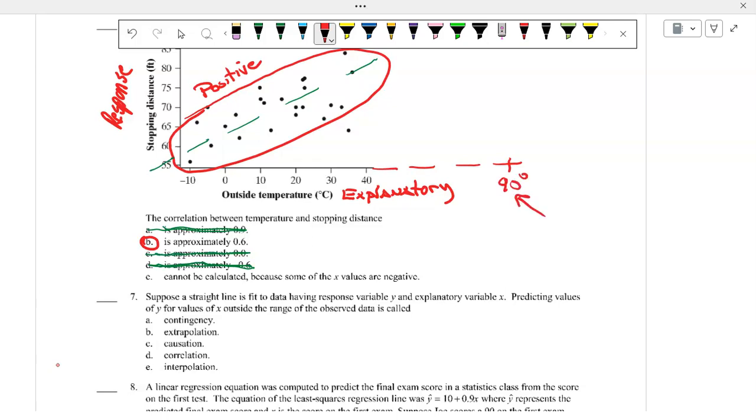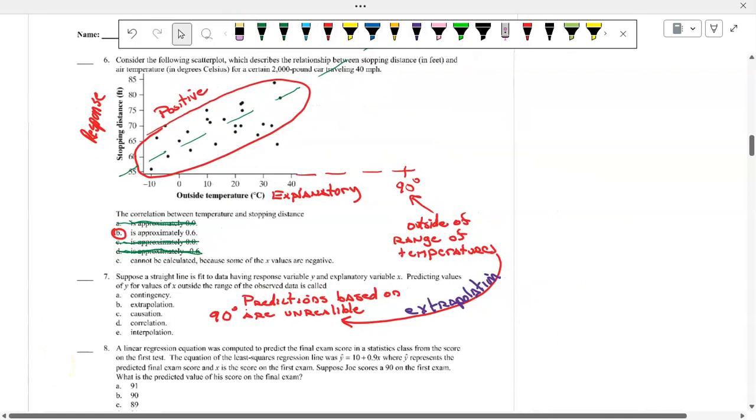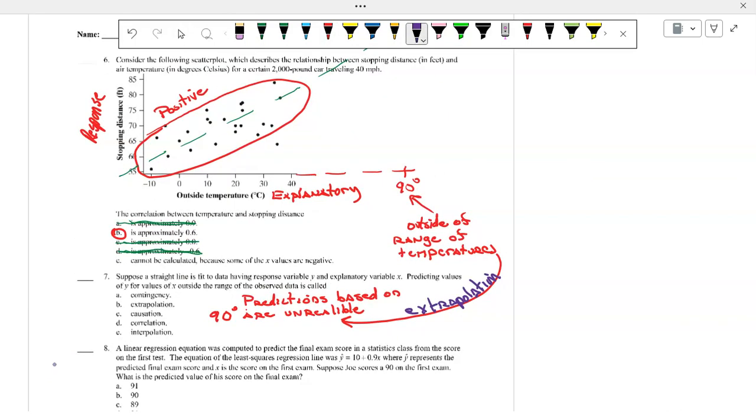This is outside the range of the data that I collected. So in the previous example, using 90 to predict the stopping distance when it's 90 degrees outside would be an example of extrapolation, because the 90 doesn't fall between -10 and 40 degrees. So we would get an unreliable prediction.